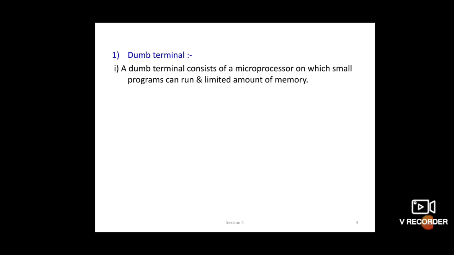In a dumb terminal the processor is present, but it has a small amount of memory or space. So in a dumb terminal we can do small works. It is responsible for basic input and output of characters.